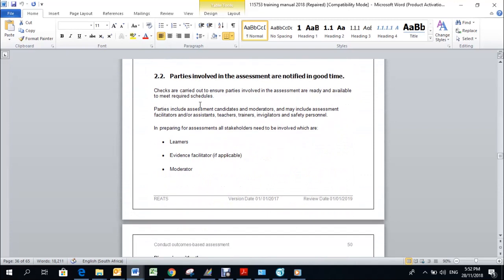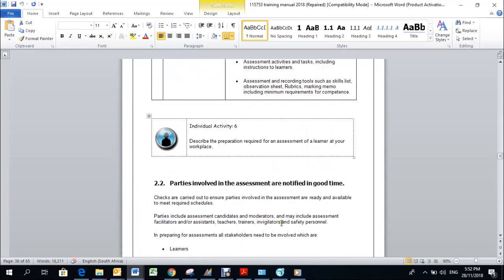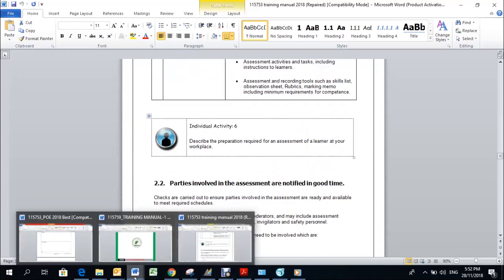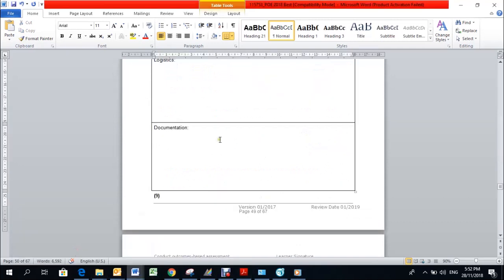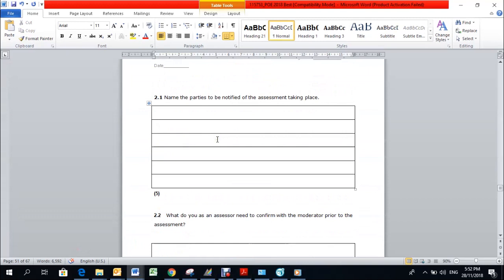So you're going to look at page 49, read there, and then put your answers in the space. Carrying on to number 2.1, name the parties to be notified of the assessment taking place. You're going to get this also on page 49.